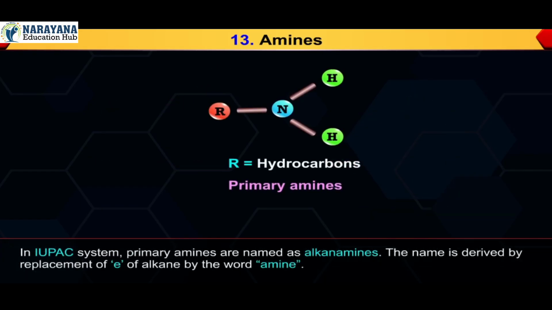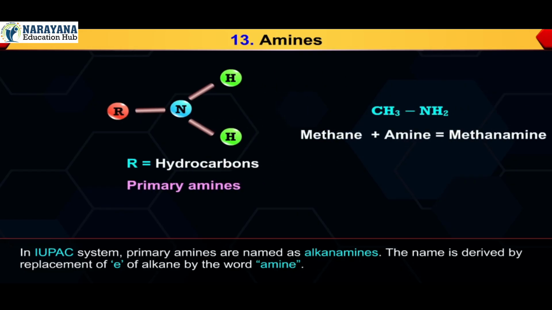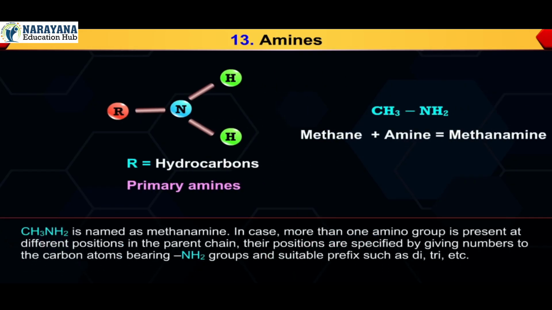In IUPAC system, primary amines are named as alkanamines. The name is derived by replacement of e of alkane by the word amine. For example, CH3NH2 is named as methanamine.